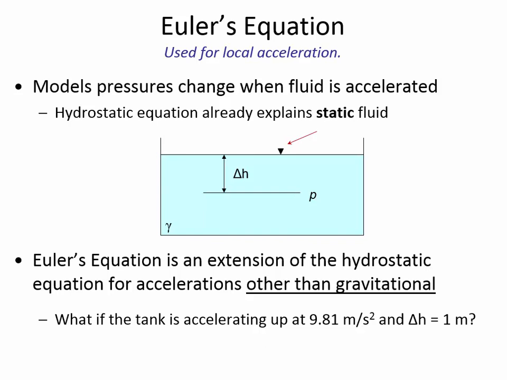What would be the pressure there if it has normal gravity and it's accelerating up? Would it be more than usual or would it be less than usual? It's accelerating up. More? You're right. What's your rationale there? Why would the pressure be higher if it's accelerating up?